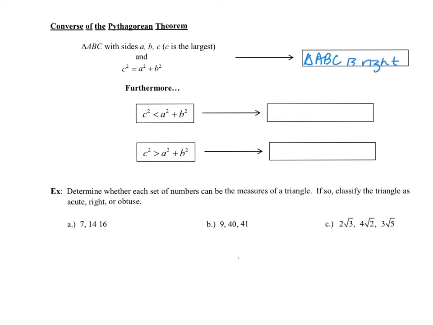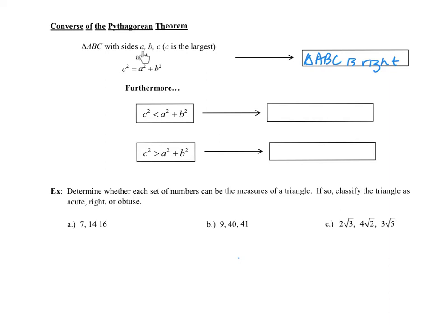The Pythagorean theorem assumes we have a right triangle, and then the conclusion is C squared equals A squared plus B squared. So the converse is, if C squared equals A squared plus B squared, then we can conclude that triangle must be a right triangle. And then furthermore, we can extend it to some other important information.